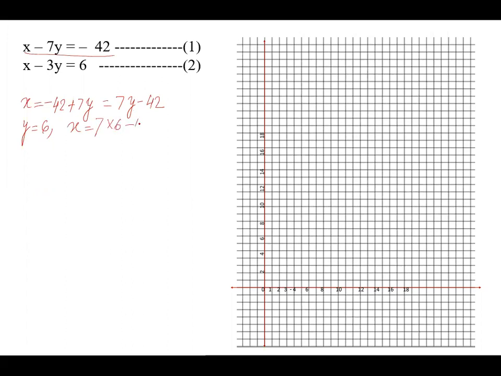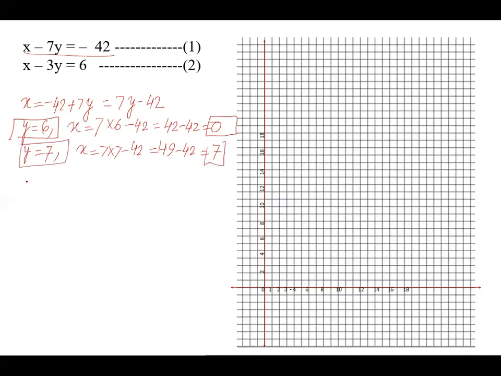In class 9, you have learned how to draw the graph. So 42 minus 42, that will be 0. So I got one pair of values, y is equal to 6, x is equal to 0. Second, y is equal to 7. Then x is equal to 7 into 7 minus 42, 49 minus 42 is equal to 7. Another pair. Now third one, y is equal to 8.